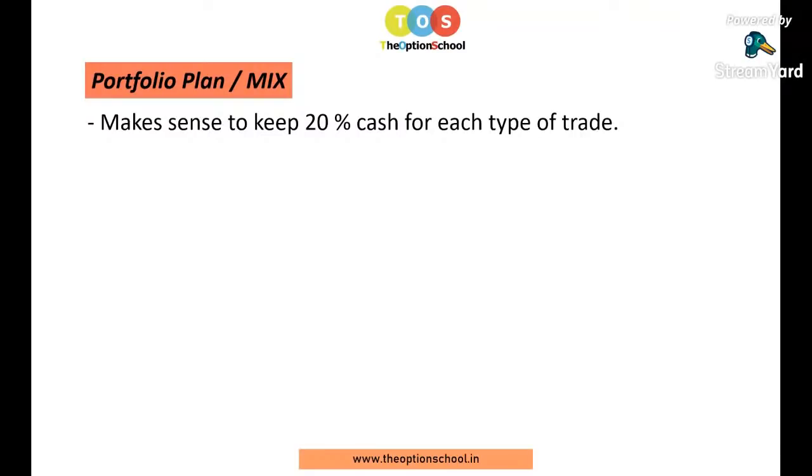So ultimately, they can require M2M. And short term strategies, you don't require much funds because ultimately you're closing them within a day or two. So, do we need to keep 20% cash for each and every trade? May not be true. Again, it depends upon which kind of strategy we are doing, right?